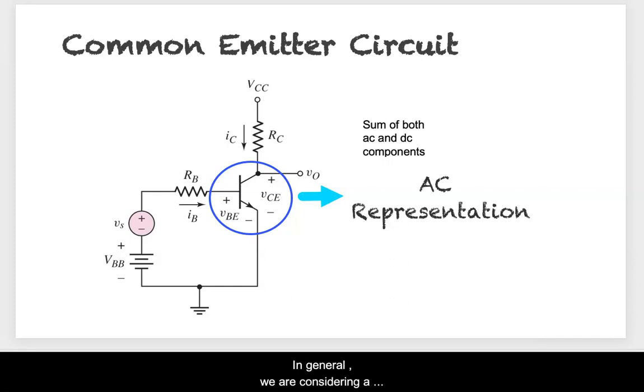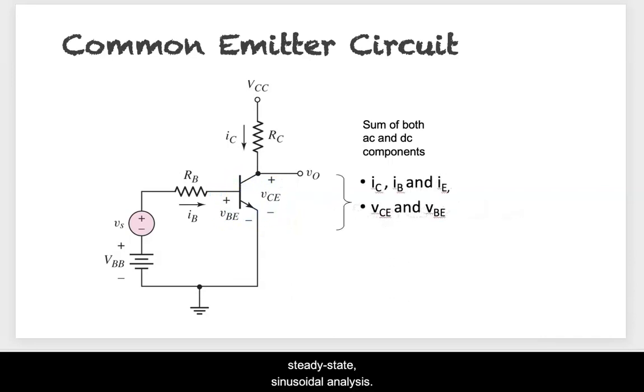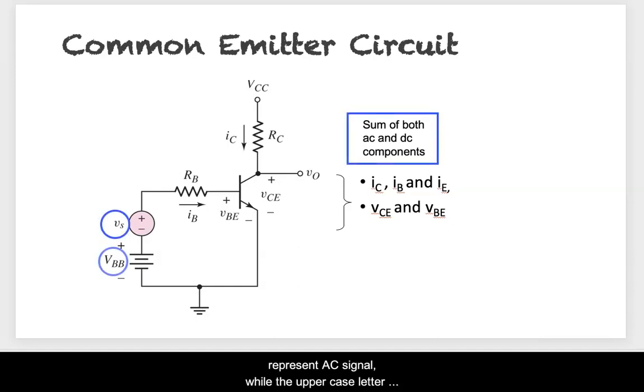In general, we are considering a steady-state sinusoidal analysis. The AC signal can be written as a sum of sinusoidal signals with different amplitudes and frequencies. Note that the signal total instantaneous values consist of DC and AC components. The lowercase letters represent AC signal, while the uppercase letters represent the DC values.